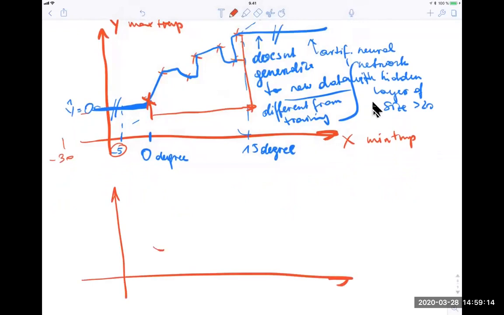So let's see, we have again this data set. And we split the data, and ideally we split it randomly. So we take this one, we take this one, and we take these two. We split those two, and we say this one is the training.